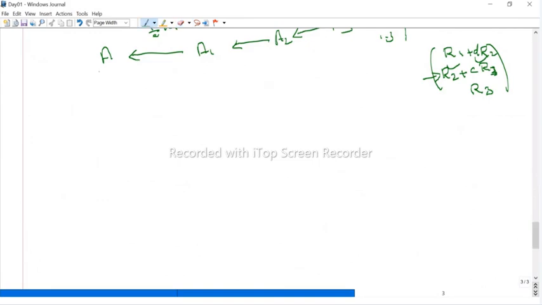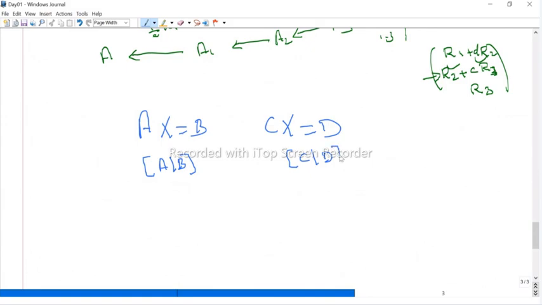Suppose we have one system Ax equal to b in matrix form, and another system Cx equal to d. What is the corresponding augmented matrix for this system? AB. You have to merge this b in the last column. Here we merge d in the last column. So this is the augmented matrix of this system, and this is the augmented matrix of the other system.